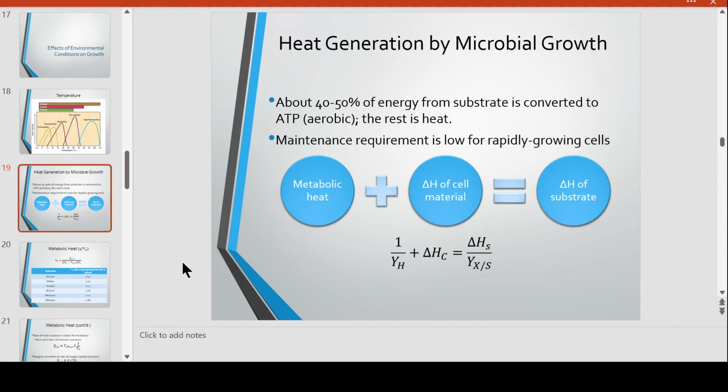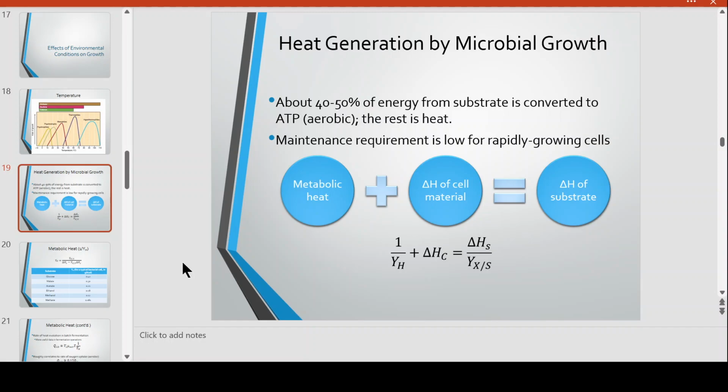There is a maintenance requirement, which is low for rapidly growing cells. So it boils down to what happens to the energy from your substrate, because at the end of the day, the ultimate source of this heat is still the substrate. They are the ultimate source of heat and, of course, cell material.